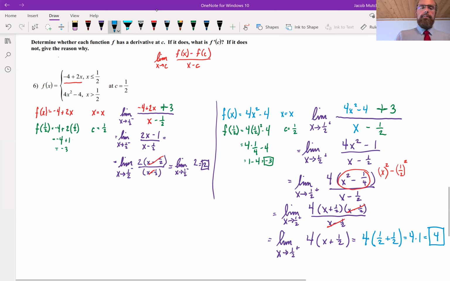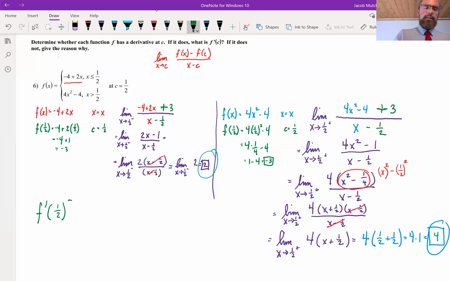When I see that the left hand is equal to 2, the right hand is equal to 4, what can we conclude? Let's write it out. In fact, what we'll do is shorthand. The derivative of this function at 1/2 from the left equals 2, which does not equal the limit of the average rate of change of the function at half from the right, which is 4.